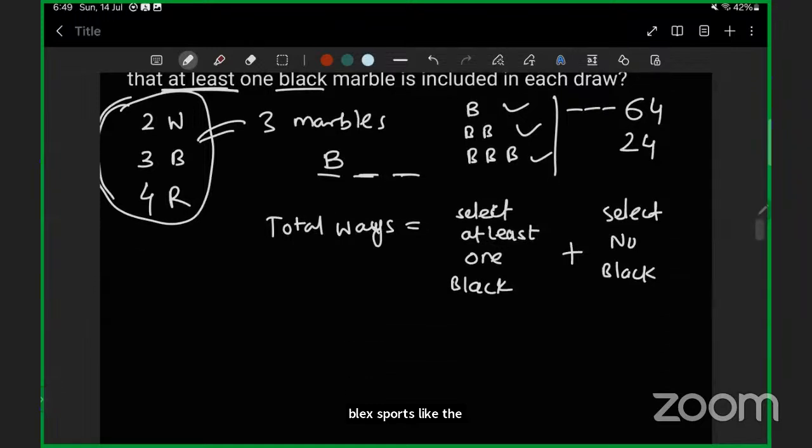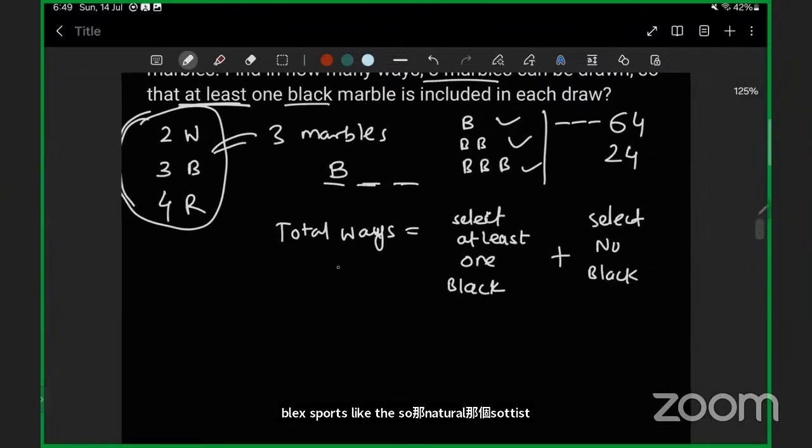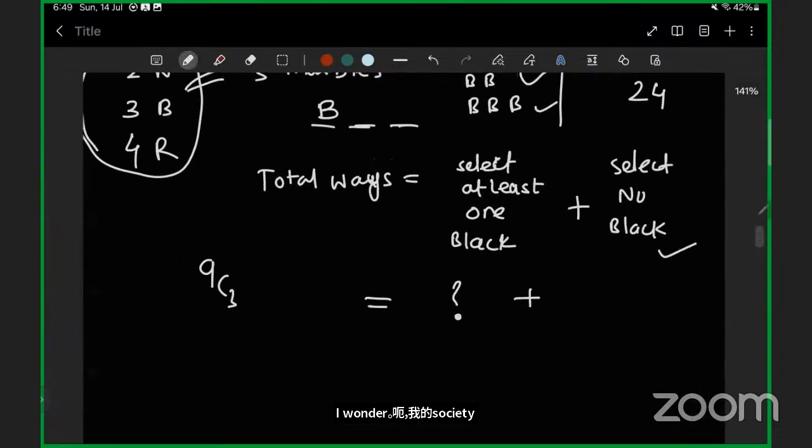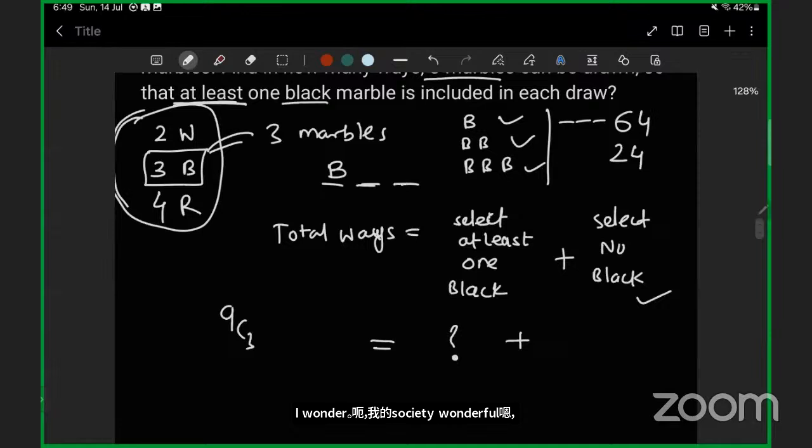So total ways to select three out of this is 5 plus 4, 9, so that is 9C3. This is the one I want to find out. And for no blacks, I exclude this and I have 6 remaining.